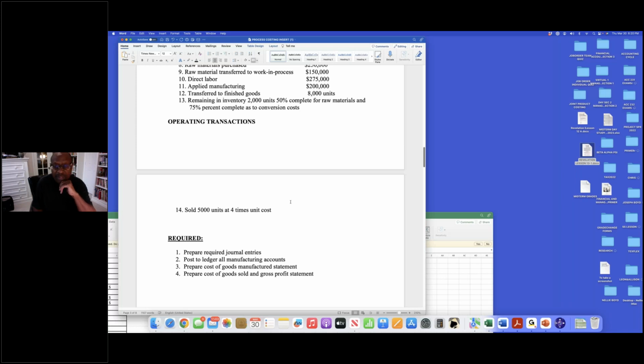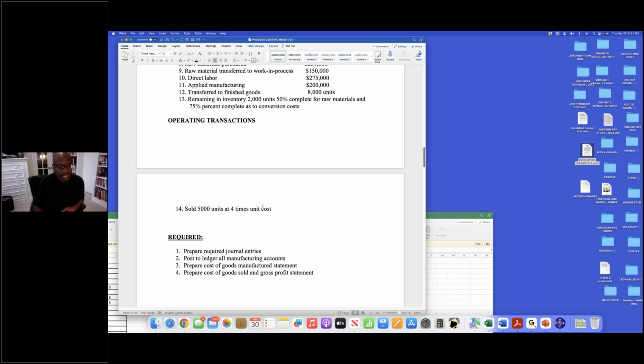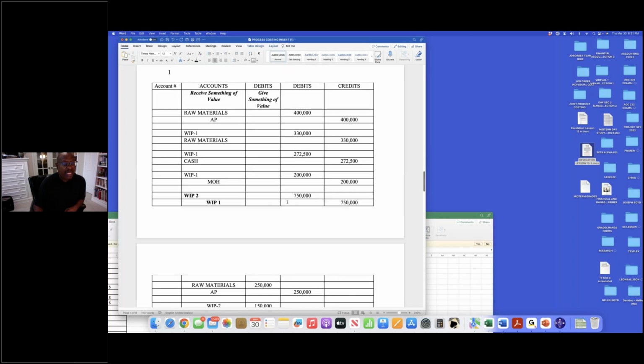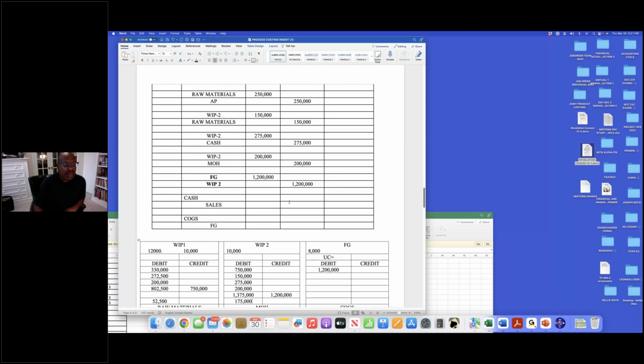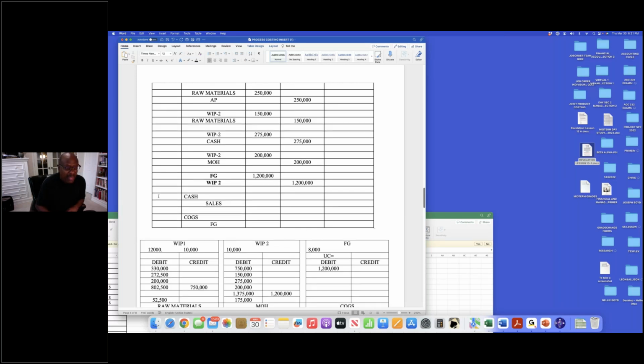Whatever it costs, they just multiply it by this multiple once the items are completed. So we've got to sell 5,000 and put in that cost of goods sold for 5,000. So what's our unit cost?